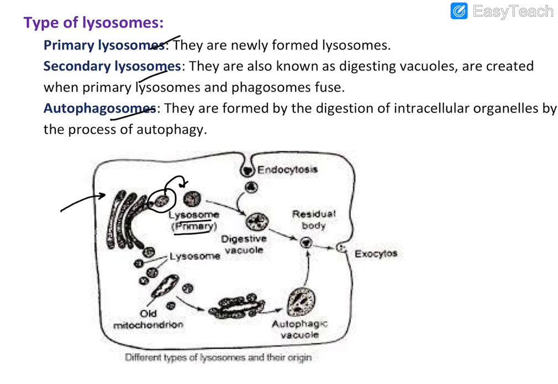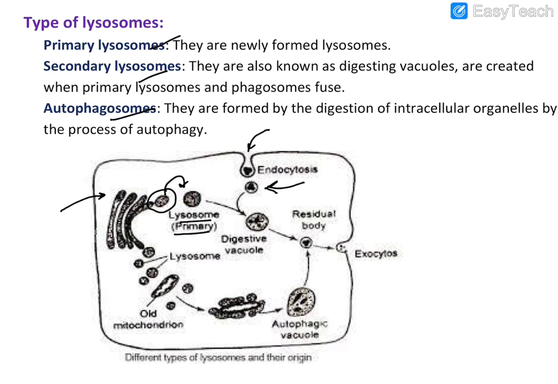Later, during endocytosis, if solid food is taken in, it is called phagocytosis. If liquid molecules are taken in, it is called pinocytosis. The vacuole formed after phagocytosis is called a phagosome, and if it contains liquid, it is called a pinosome.